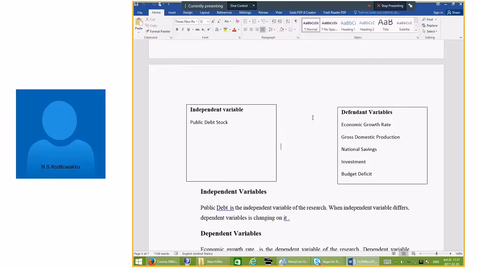Public debt stock is going high, so they criticize its effect on the interest and other capital, the budget deficit and all those things.